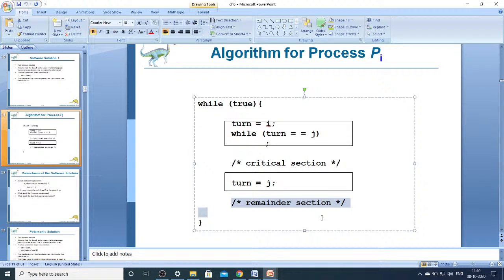And this Peterson solution is an example of a software-based solution, and it is restricted to only two processes. So this is also one of the expected questions. You just need to explain that it is a software-based solution and it is a very ancient technique.